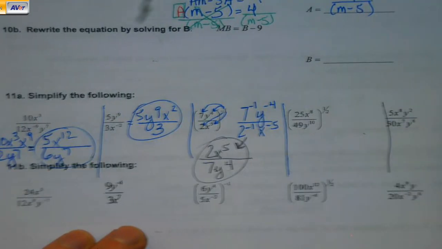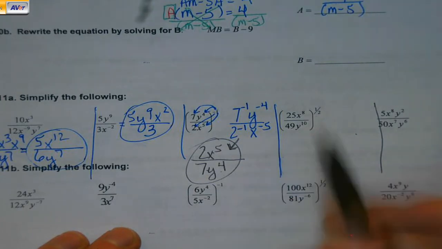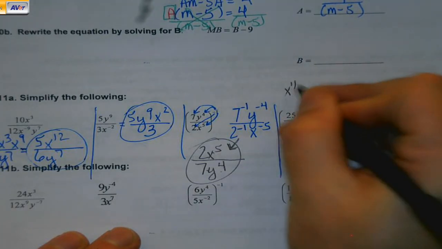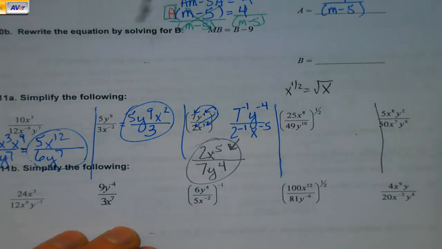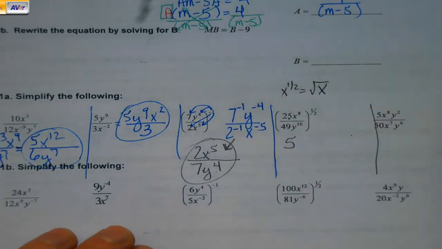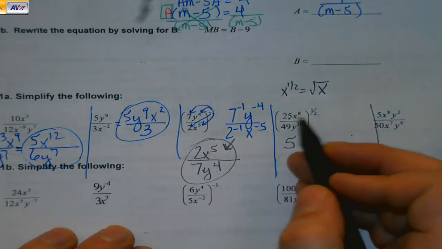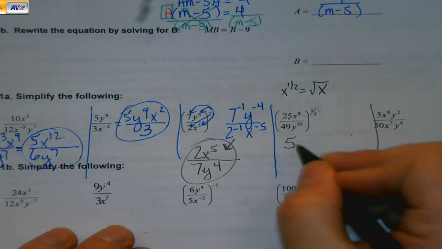So as we kind of roll towards the end of these, you're like, ooh, 1/2, yuck. Okay, remember, something to the 1/2 is the same as taking the square root of it. So if that's true, the square root of 25 is 5. 8 times 1/2, half of 8 is 4.